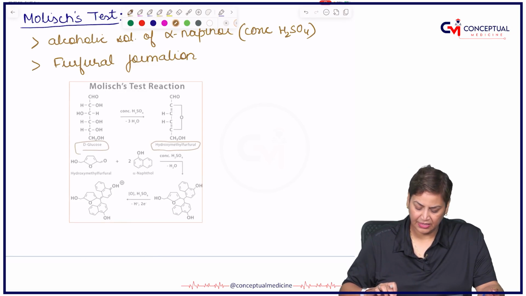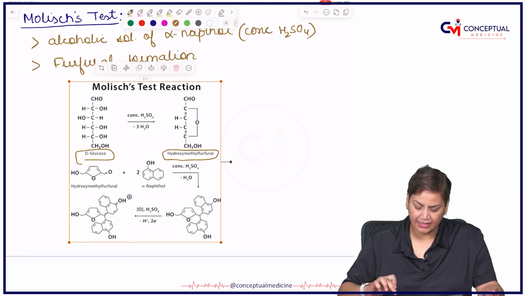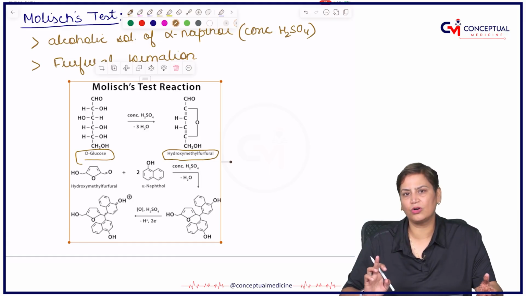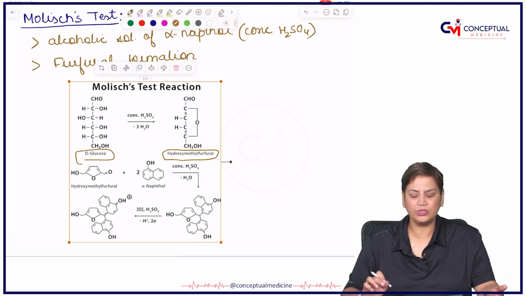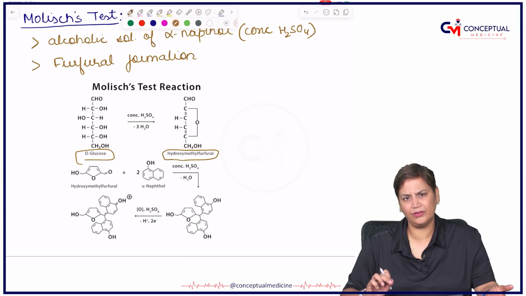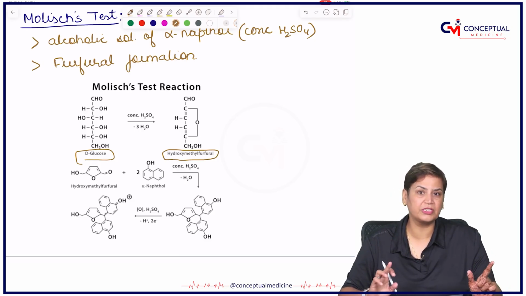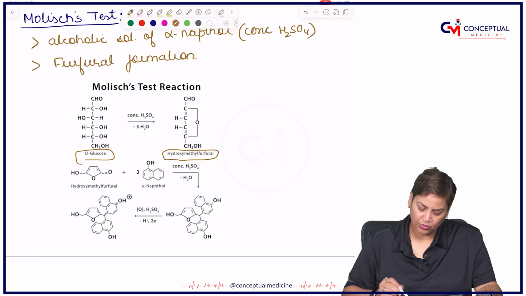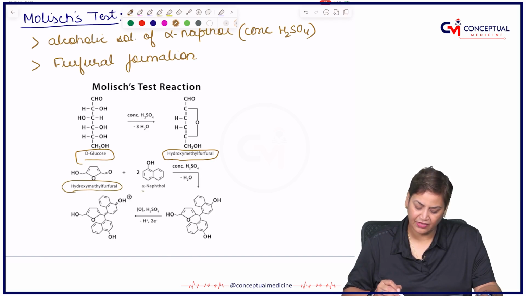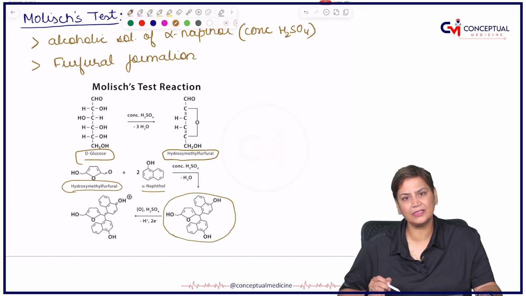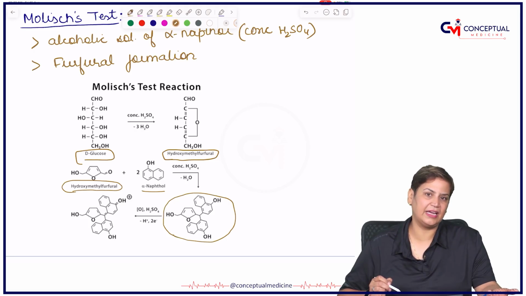Basically, furfurals are the products synthesized whenever a carbohydrate undergoes oxidation. So be it glucose, be it fructose, be it any carbohydrate for that matter, it is going to give a positive Molisch test. It forms hydroxymethyl furfural, which condenses with alpha-naphthol, leading to the formation of this type of complex, because it involves dehydration.